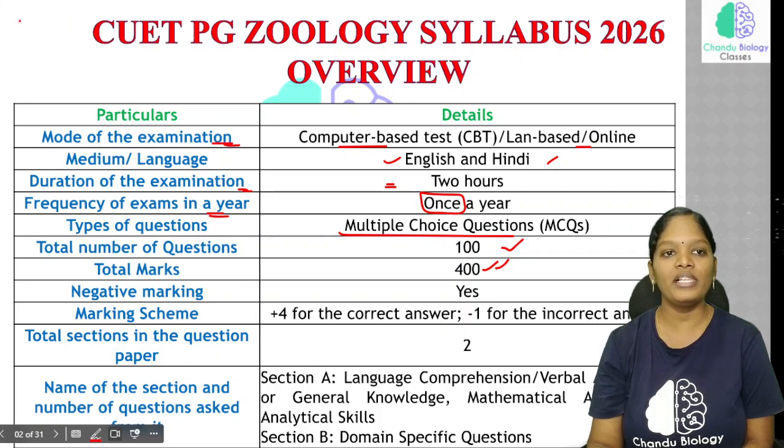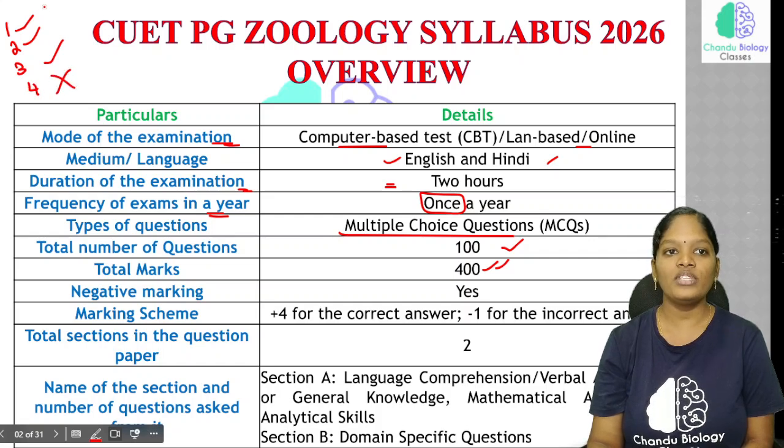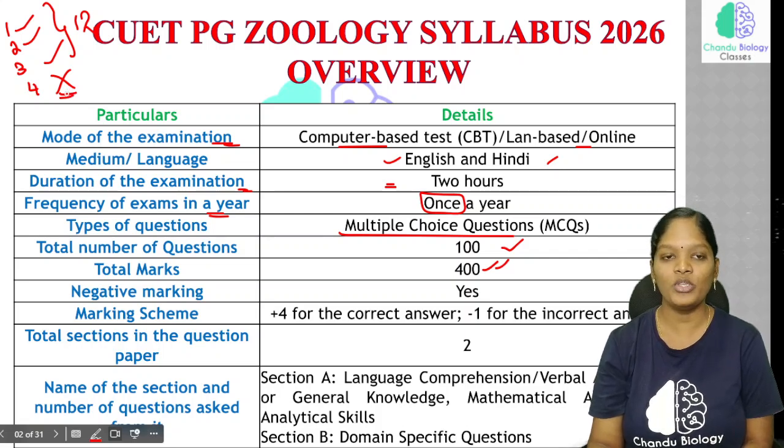For example, if you get the first three questions right and the fourth question wrong, the three correct answers give you 12 marks, and the wrongly answered fourth question costs you 1, so you get 12 minus 1, 11 marks. This is how negative marking is calculated.